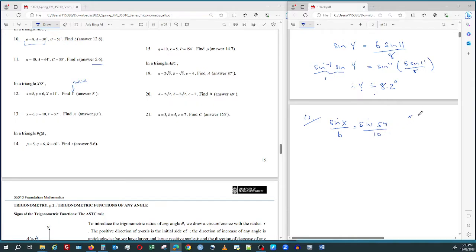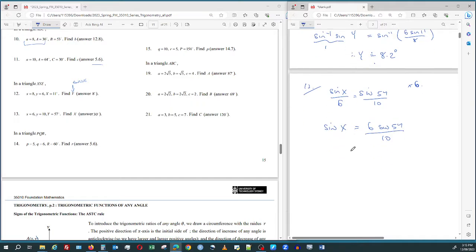So multiply by 6. Wait a minute, why did I put B? Oh, because that's a 6. So multiply by 6. They'll cancel. So sine X will be equal to 6 sine 57 over 10.